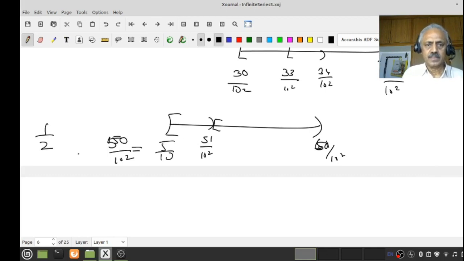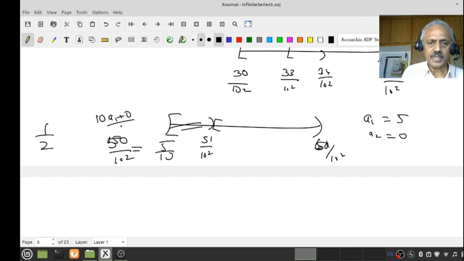Now, where does my half lie? Half lies only here. Therefore, my A1 was 5, whereas A2 was 0, because it lies here. This is 10A1 plus 0 by 10 squared. So, it lies in this interval.